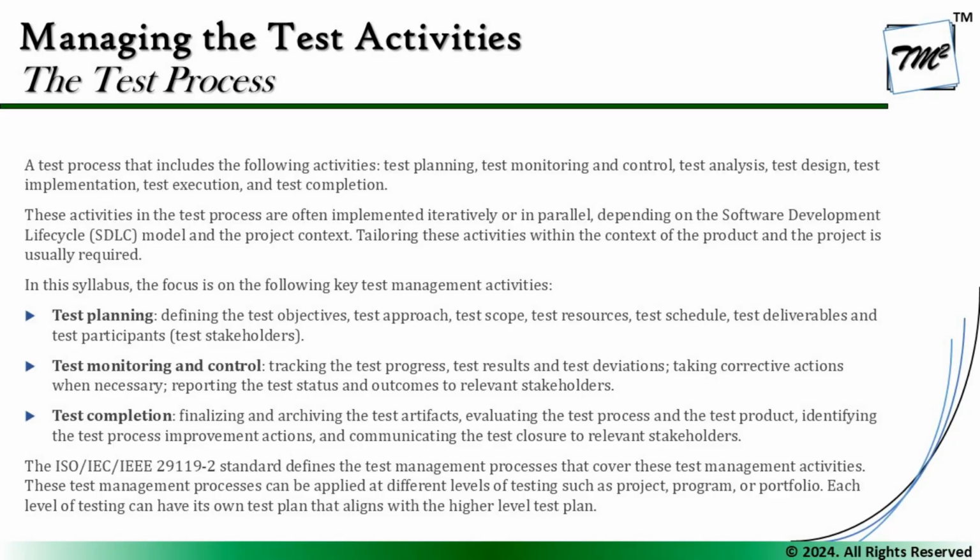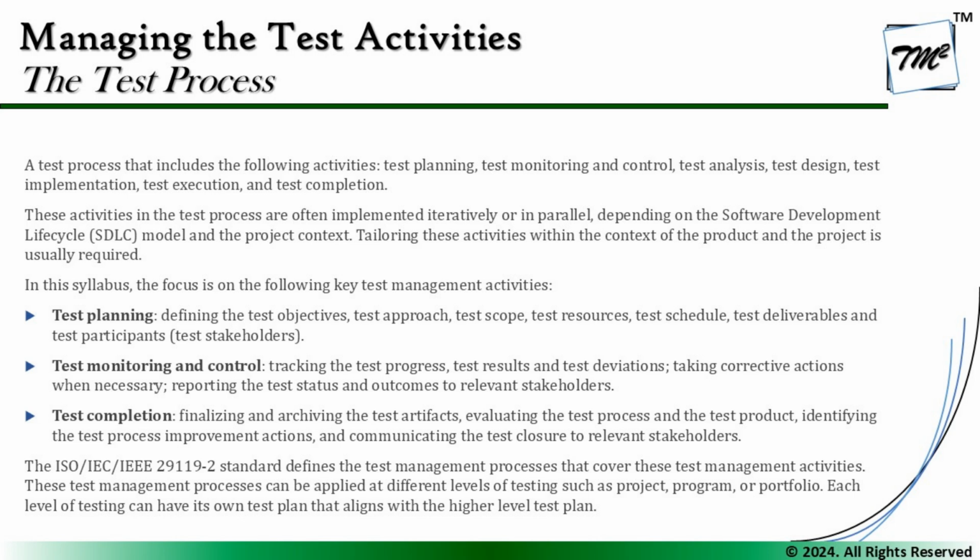Further to add, the syllabus says that test planning, monitoring and control, and completion are the major responsibilities of the test manager as a part of the life cycle. Here, test planning on a high level is defining the test objectives, the test approach, scope, resources, the schedule, the deliverables, and the test participants, which may include the testing stakeholders as well.